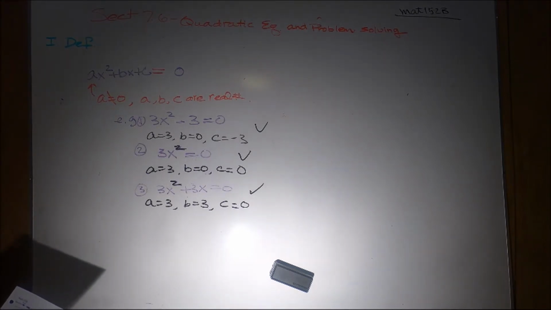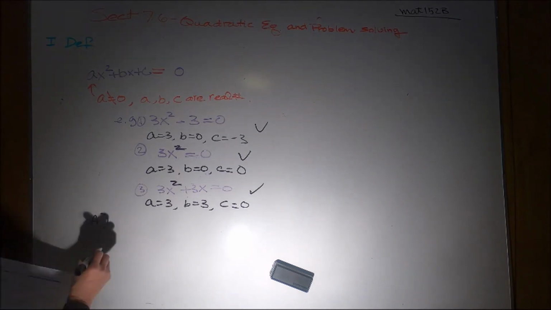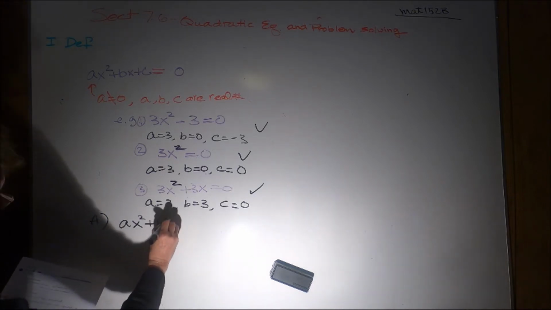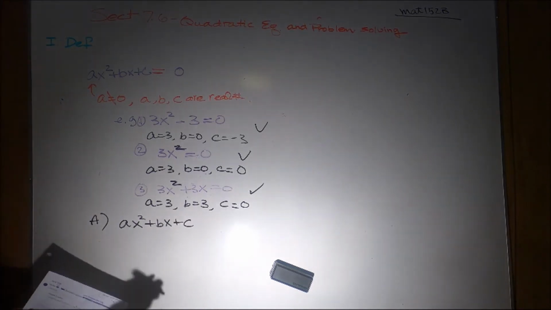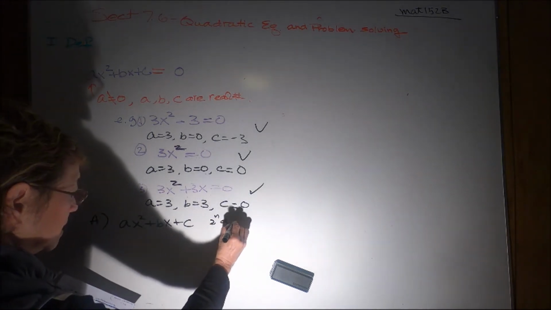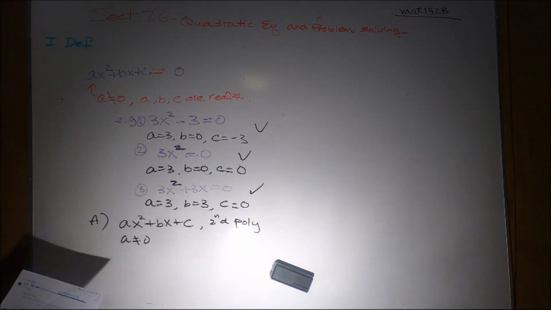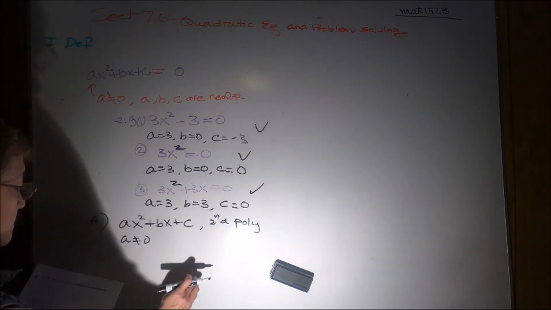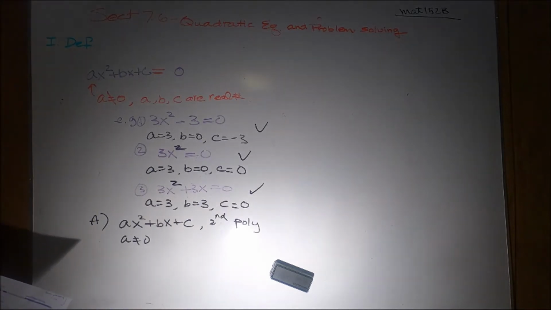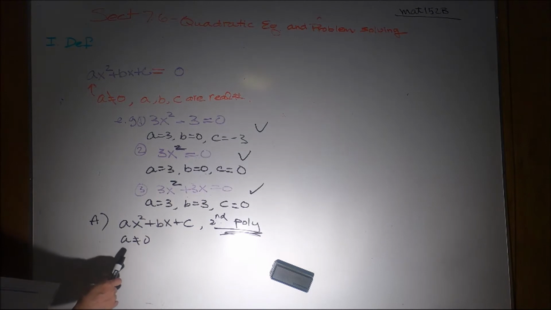Okay? So, let's take a look. What we are saying is, if I have ax squared plus bx plus c, it's a second degree polynomial. Then your a cannot be 0, so it's second degree. As long as it's a second degree polynomial, a cannot be 0.